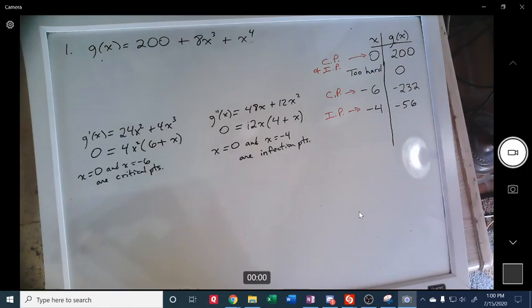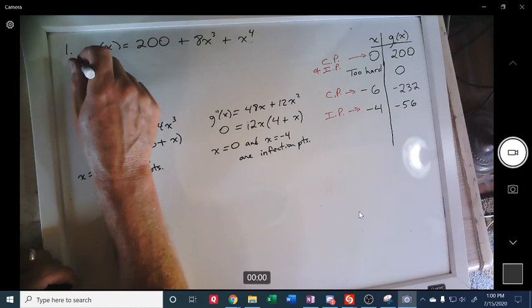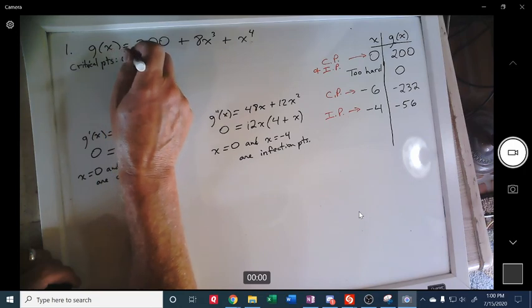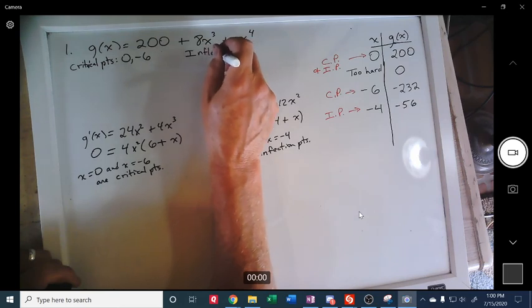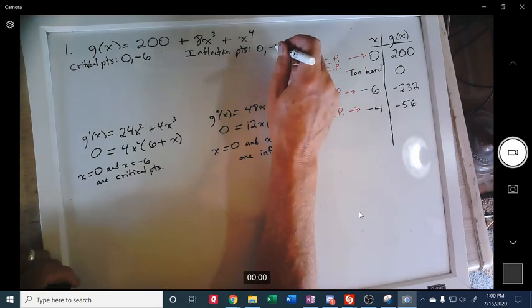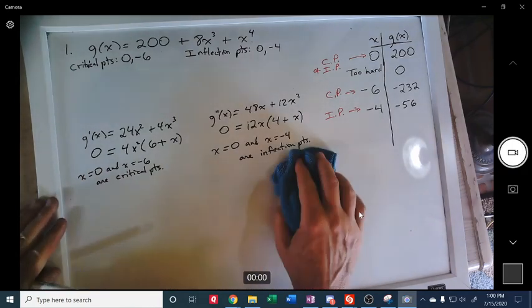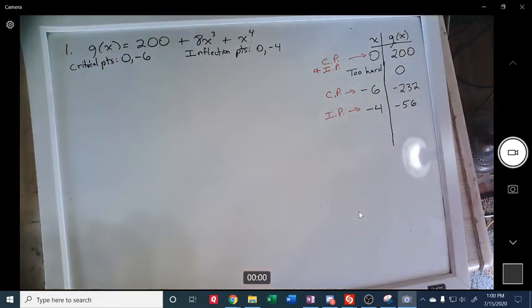I'm just going to write what the critical points are, and inflection points. Okay, and then I'm going to erase this other stuff, and I'll leave the master table. I'm just doing this because I'll be running out of room otherwise.